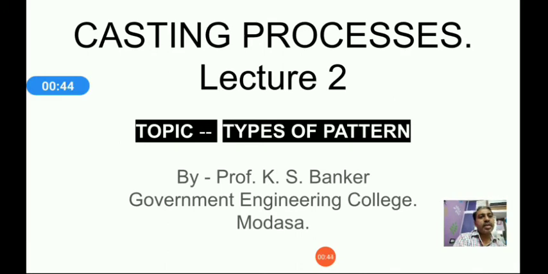The topic is types of pattern, and I am Professor K.S. Banker, assistant professor at Government Engineering College, Modasa.